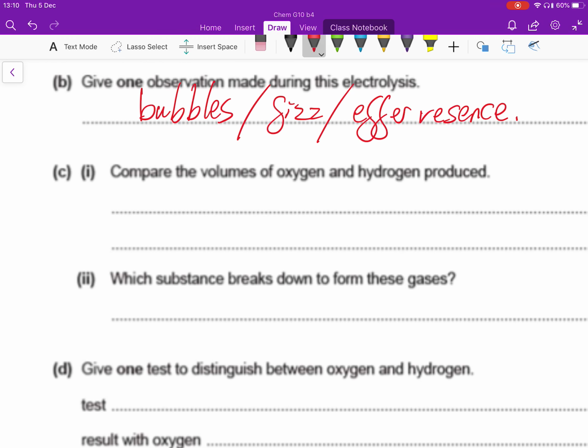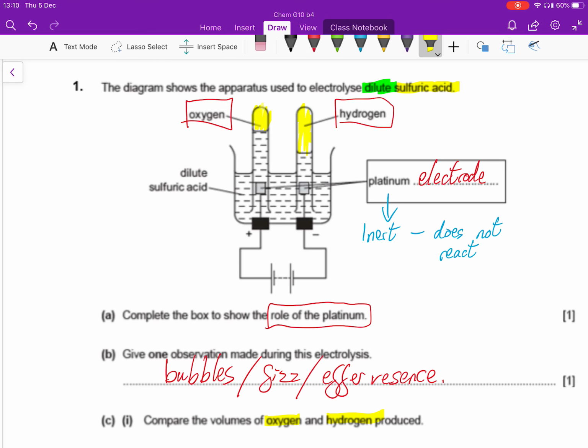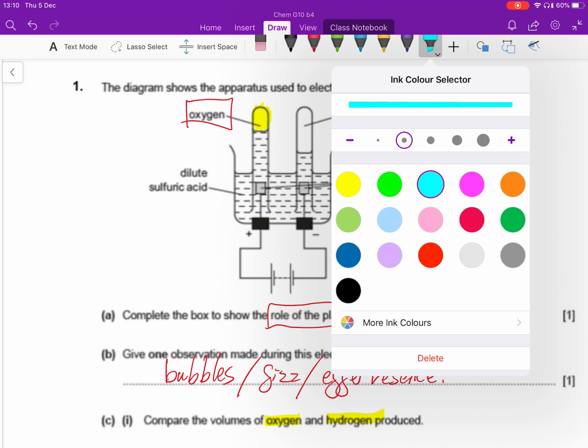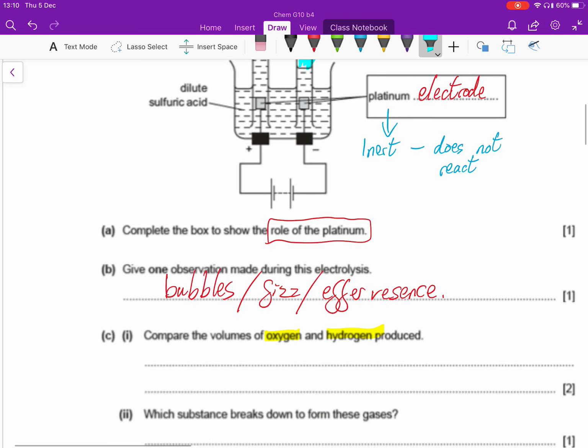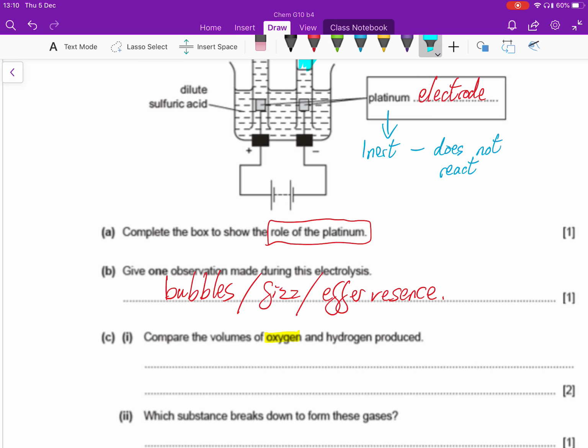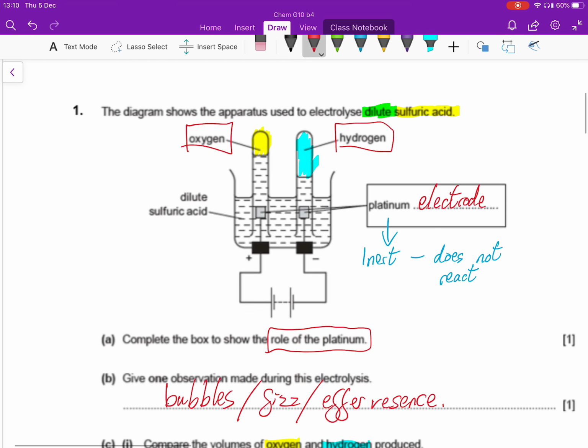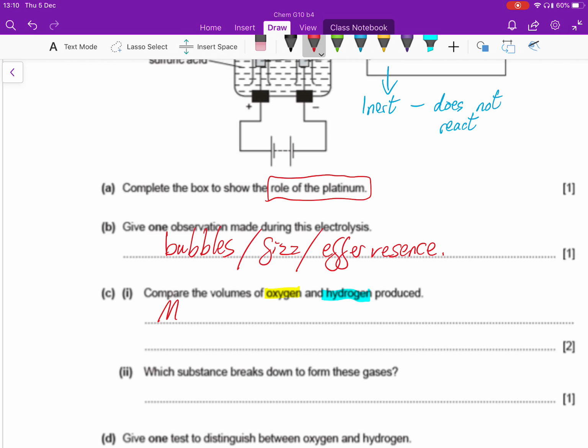Part C, compare the volumes of oxygen and hydrogen. So in the diagram, I just highlighted them. Actually, let's make the hydrogen blue. You can compare the two, and we can see that there is more hydrogen gas given off. More hydrogen, H2 gas, and that would be worth 1 mark.